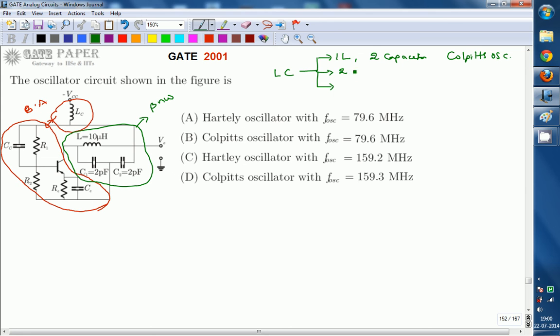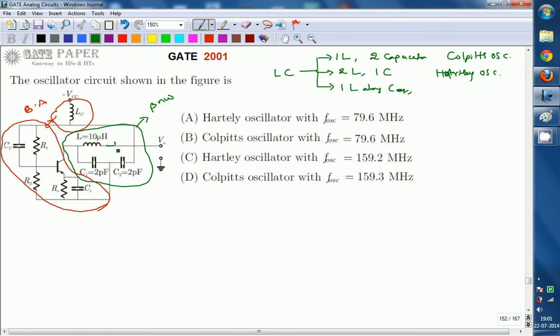Otherwise, two inductors and one capacitor, where L implies inductor, at that time the type of oscillator is Hartley oscillator. Otherwise, one inductor along with some equivalent capacitor, C equivalent or C variable, like this.